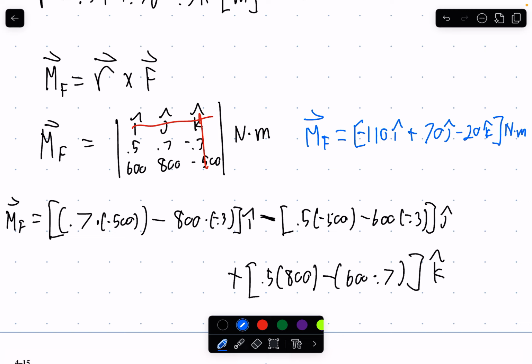Perfect. And that is the one quantity we're looking for in this problem. So we answer what the problem's asking for, and we're done.